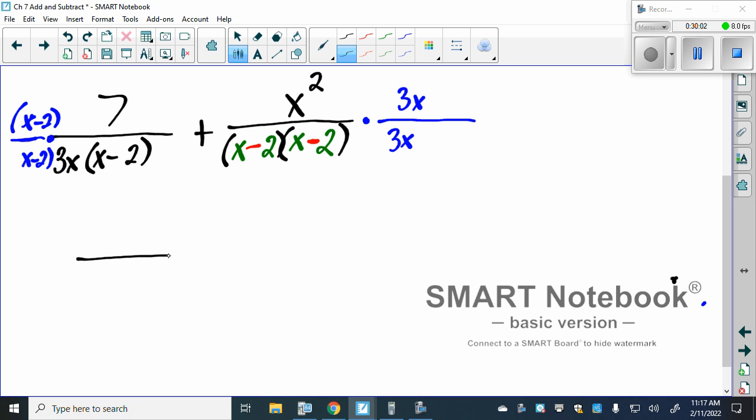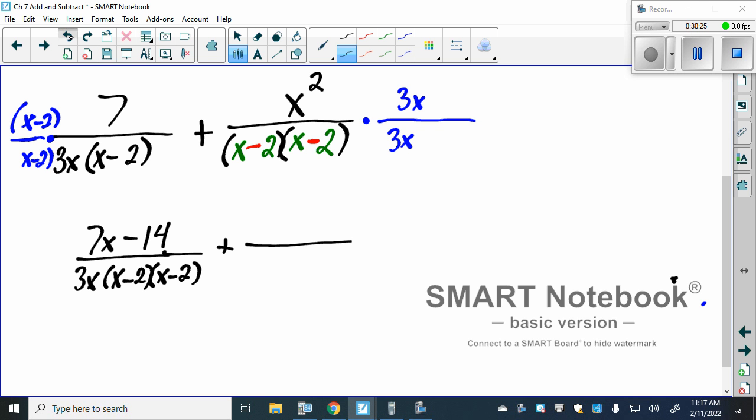And if we feel comfortable with multiplying it at this point, we can go on and do that. Well, 7 times x would be 7x. 7 times our negative 2 would be negative 14 over 3x times x minus 2 times x minus 2.